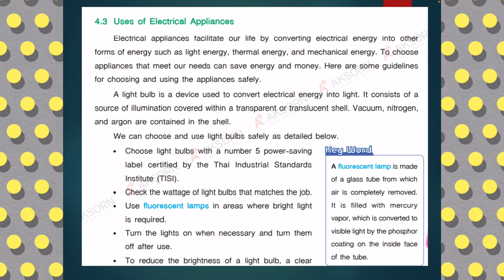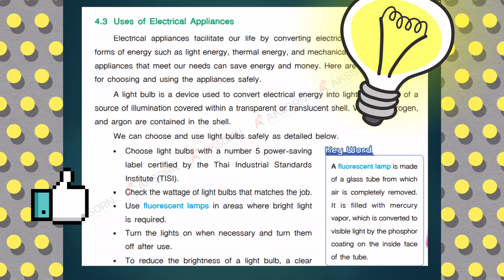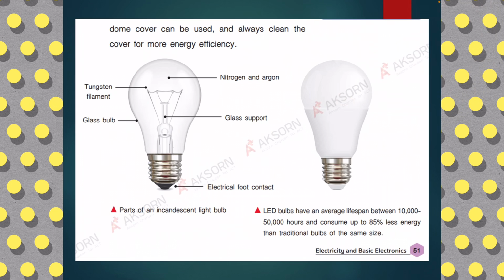Okay. The uses of our electrical appliances. These are some tips or guidelines for us to save energy and to use some of our electrical appliances safely. So you can see here, for example, the use of incandescent bulbs.